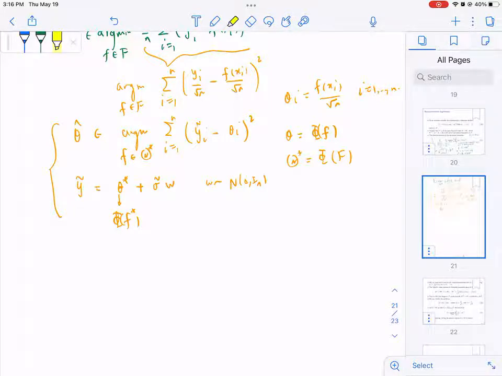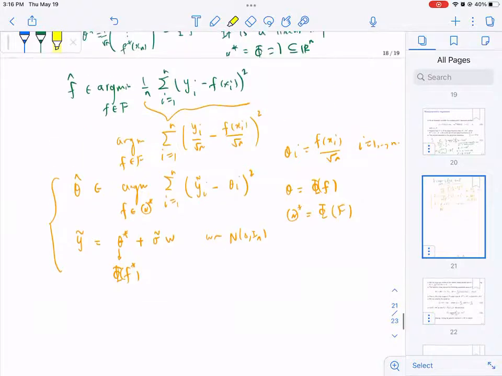What kind of norm does it correspond to in the F space? There's a particular norm in the function space that translates to the L2 norm here. And if you want to control the metric entropy of this in the L2 norm, it's enough to control the metric entropy of F in that norm. Then we can use those results to derive how well this performs in terms of how big the class is.